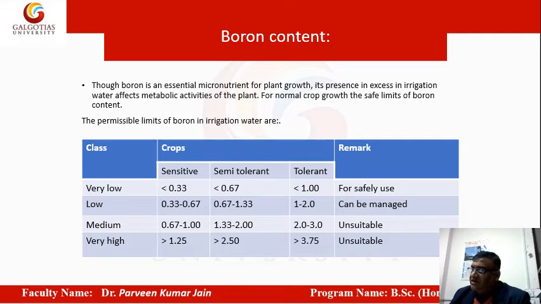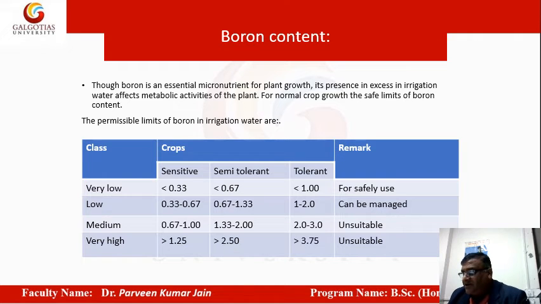You must know that boron plays a very important role in crops like cauliflower and other cool-season crops, and if there is a deficiency, typical symptoms come. Though it is required in a very small amount, the deficiency plays a very important role. So this is about boron, which is also needed through irrigation water.